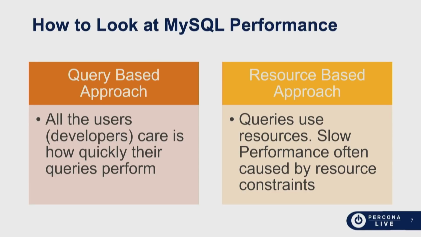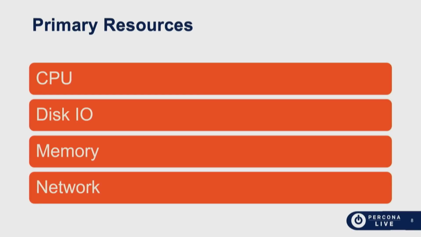That's how you, for example, can reduce cost. And often that also would impact your overall performance. What are the primary resources we are talking about? When it comes to MySQL, and in general, you can think about 4 primary resources which you have to be very mindful about in their use and consumption.